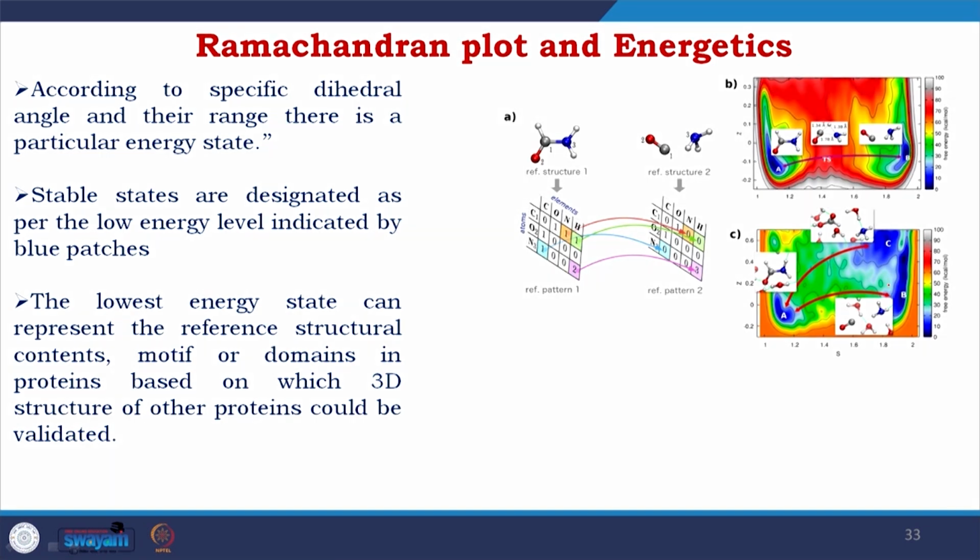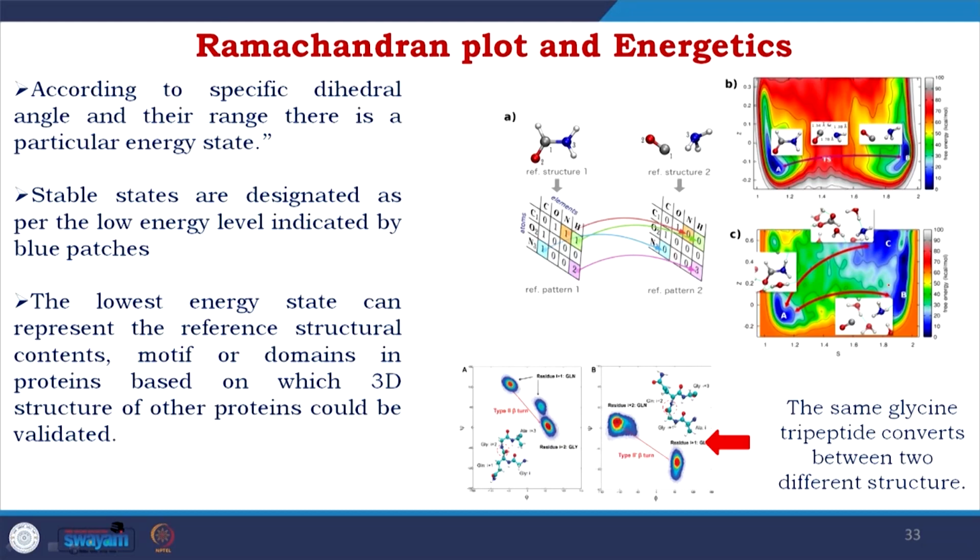Very interesting point. So, the lowest energy state represents the reference structural content. You already have a lot of established structures in the Protein Data Bank. So, you take them, calculate their position in the Ramachandran plot by calculating their phi and psi, plot them and calculate their energy. This would be very informative as a reference for validating a new structure.